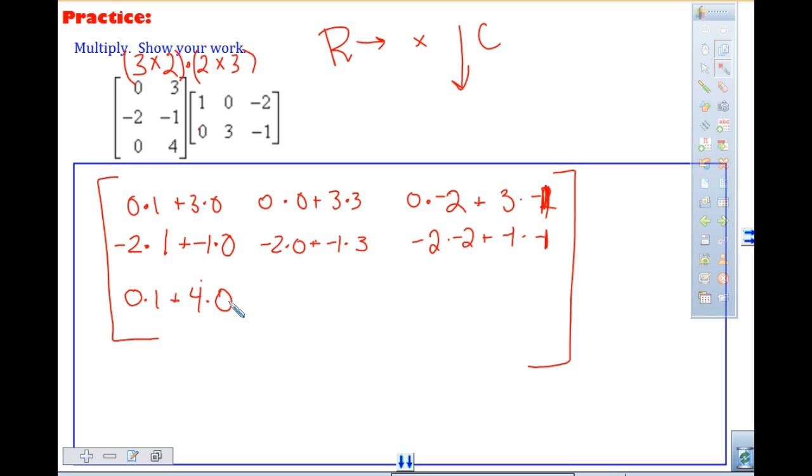We're continuing, right? Ben, going to start us off. I'm doing what? 0 times 0 plus 4 times 3. Okay? Owen? Last one. 0 times negative 2 plus 4 times negative 1.